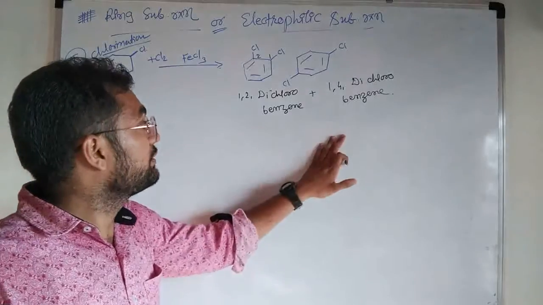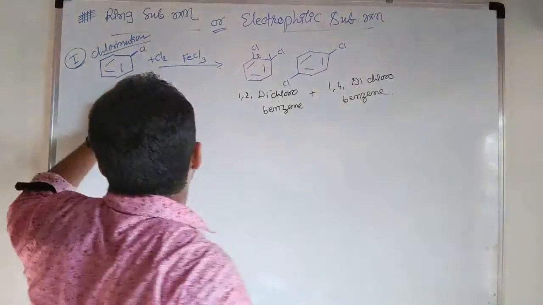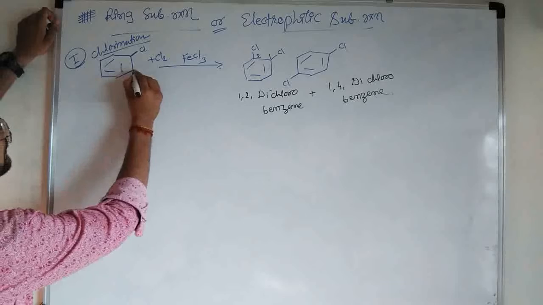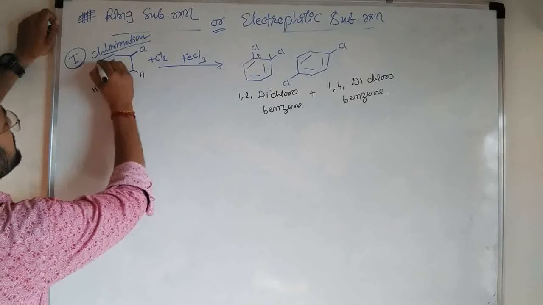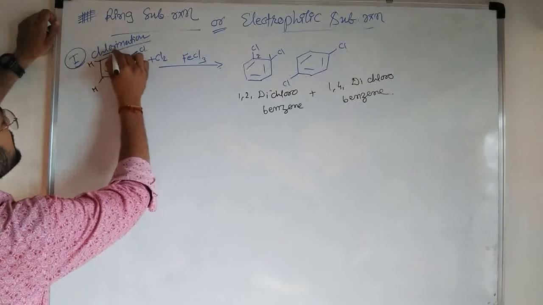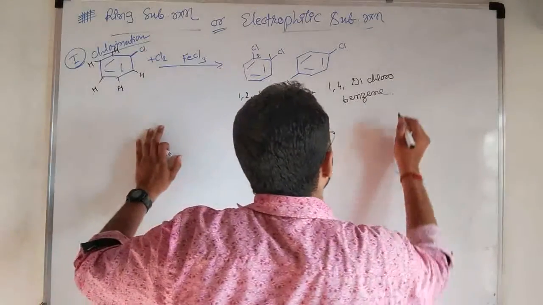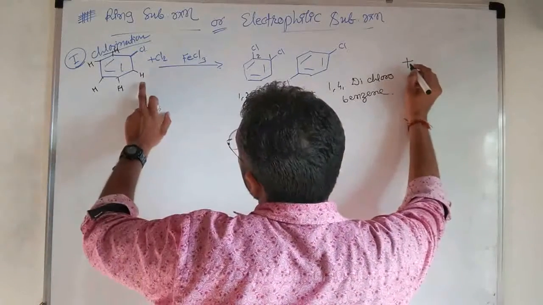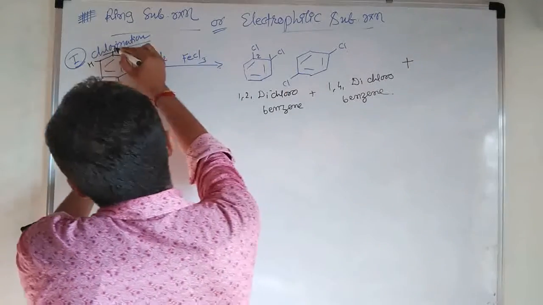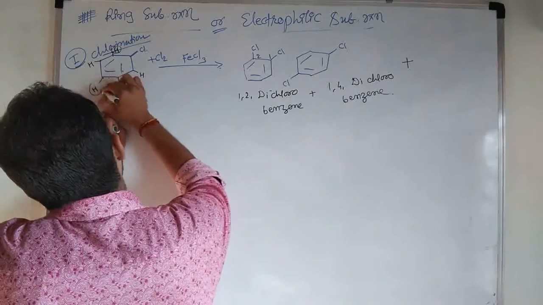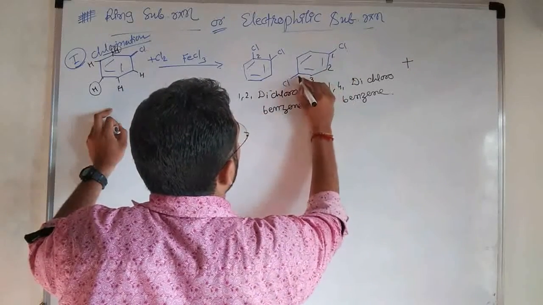Now dear student, in the remaining part there are C-H bonds. So one hydrogen in the second position or in the fourth position, like this, 1, 2, 3, 4.